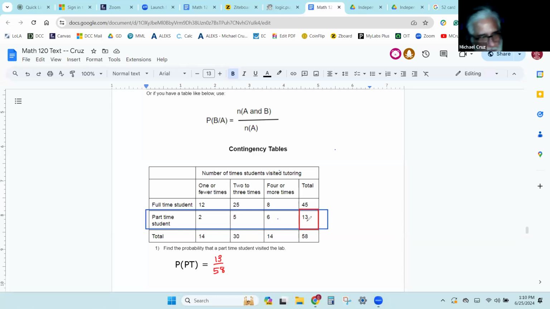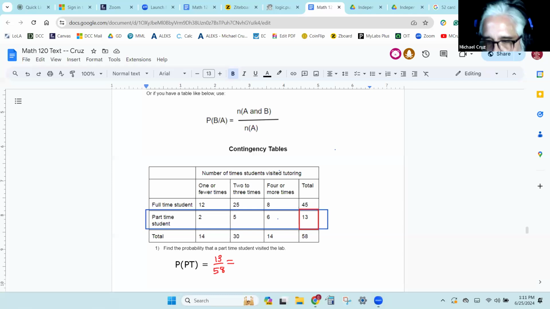It looks like there was 3 times as many full-time students, even a couple more. So what's the probability? Well, it's 13 out of the total, all that visited, 58 visits, or 58 students. And then that would be the exact answer.